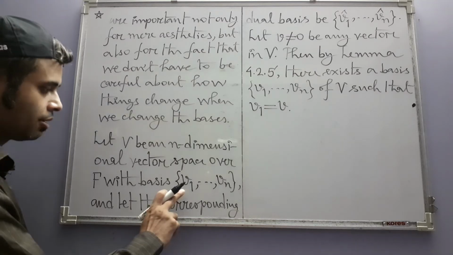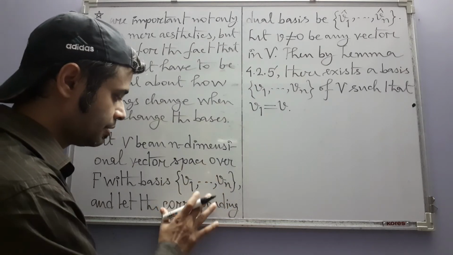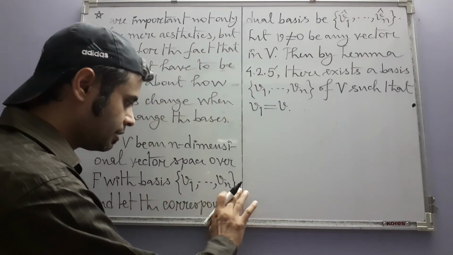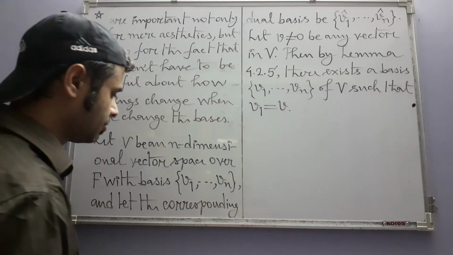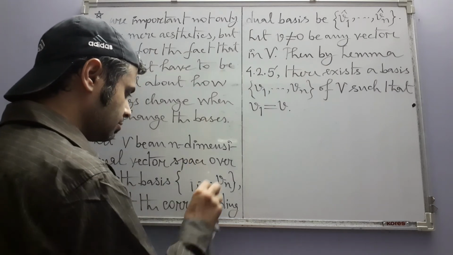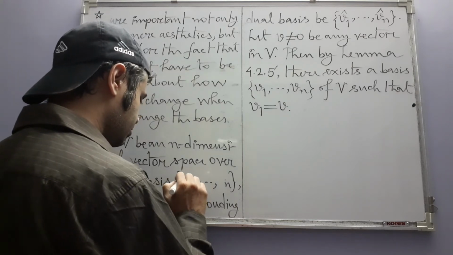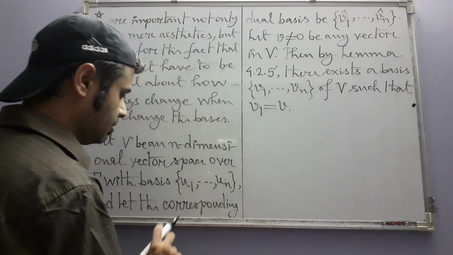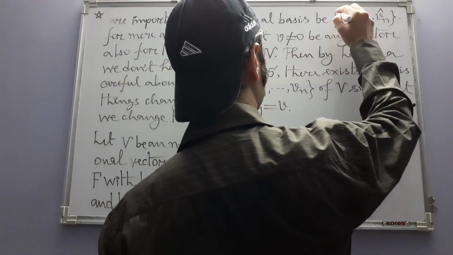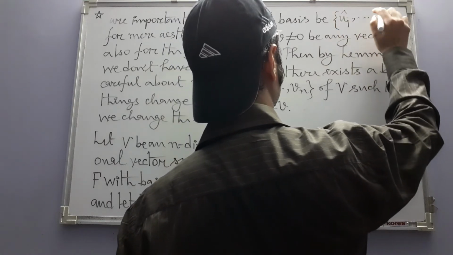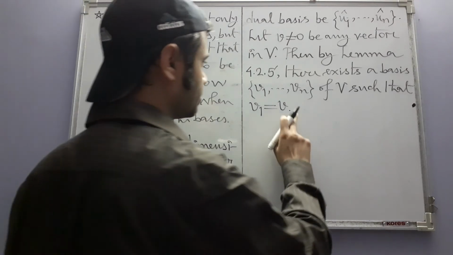You may be wondering, we already have this, but this is the general result. There is a confusion, no? Because I am writing the same thing using the same symbols. So let me just slightly change it: u1 to un. If the original vector space has a basis, then corresponding to it there is a dual basis. That's the fact we are going to use in this situation.